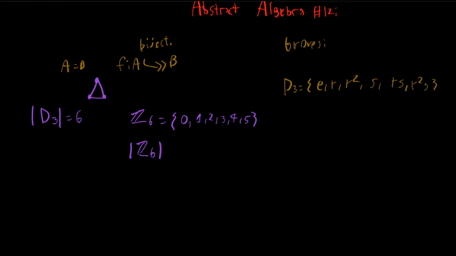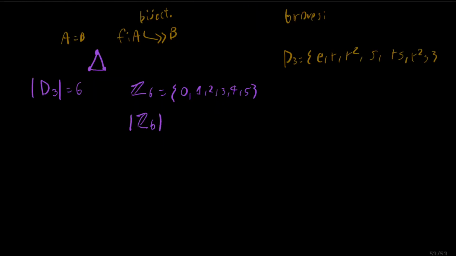So it is basically a set of 6 elements. And of course, we can construct a bijection between these sets. We can map, for example, e to 0, so the identity rotation to the additive identity of Z6, and then r to 1, for example, r squared to 2, and so on. So we can construct a set bijection.